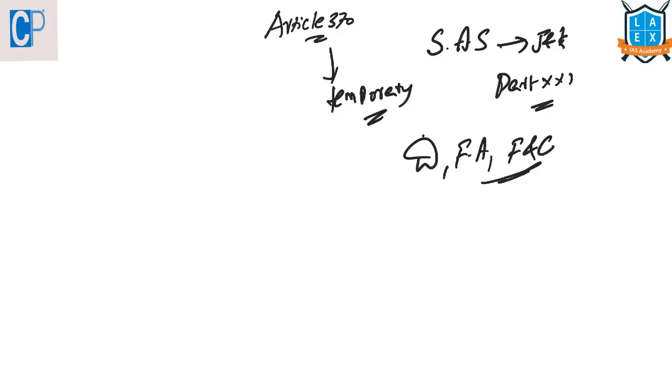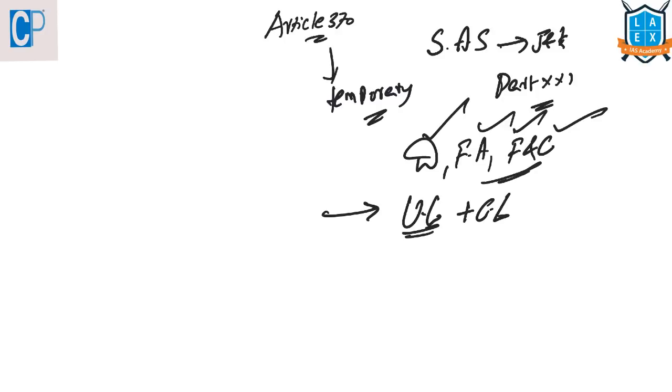And the jurisdiction of Parliament of India in relation to Jammu and Kashmir is confined only to the matters that were there in the union list and also in the concurrent list, and there is no state list for the state of Jammu and Kashmir.